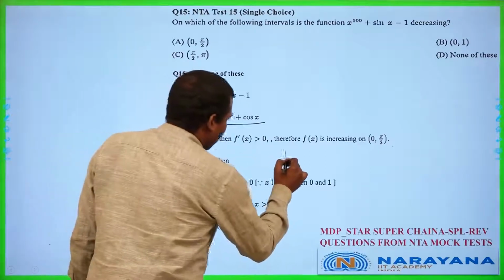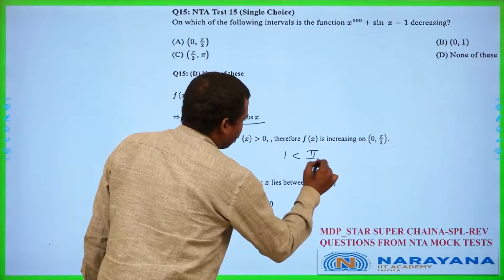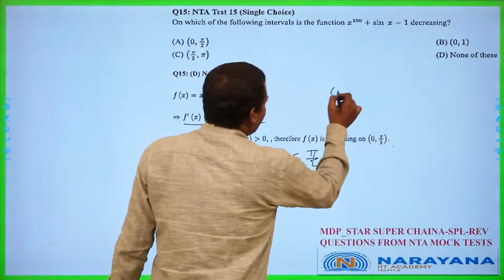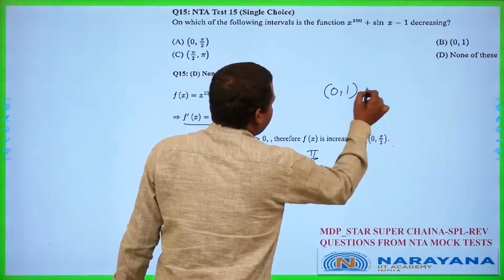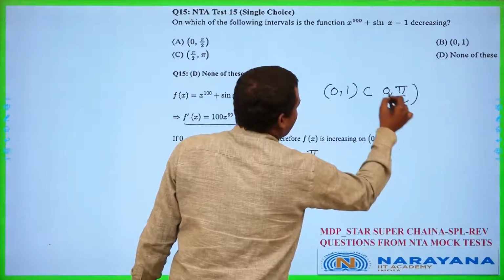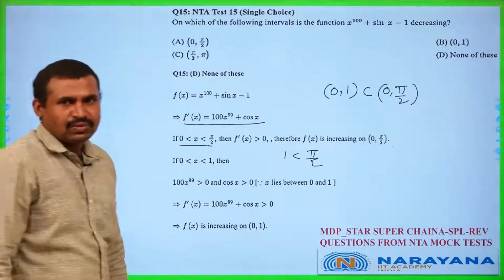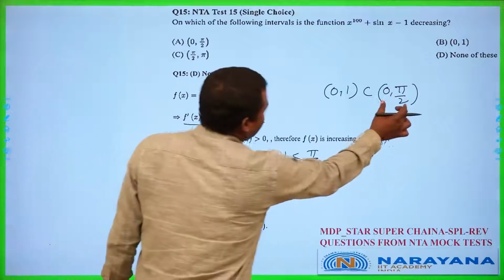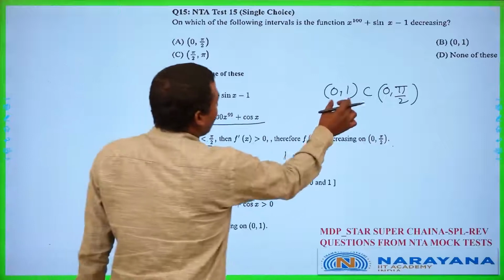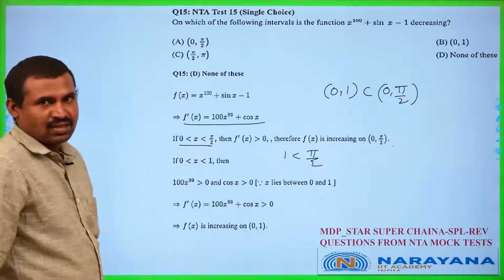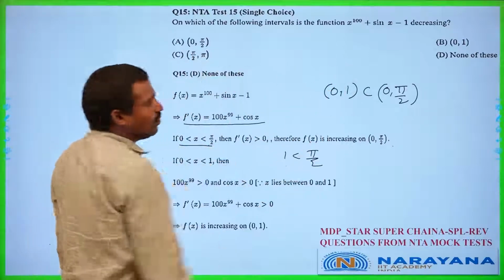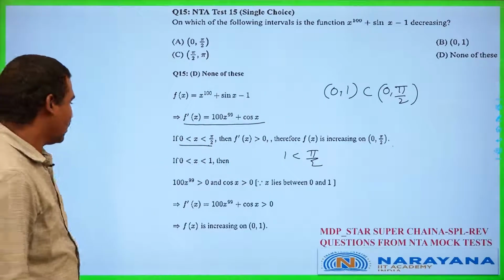Since 1 is less than pi by 2, 0 to 1 is a subset of 0 to pi by 2. In 0 to pi by 2, f of x is increasing, so in 0 to 1 also it is increasing. So, in both intervals f of x is increasing.